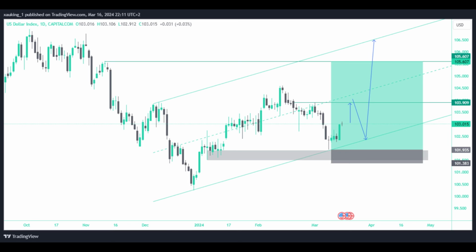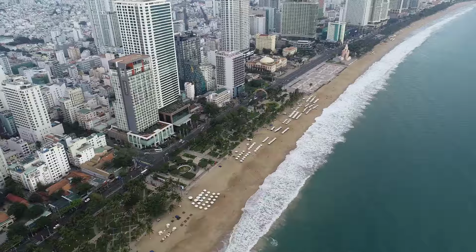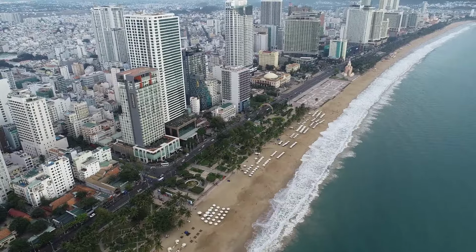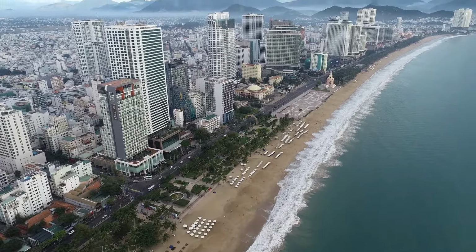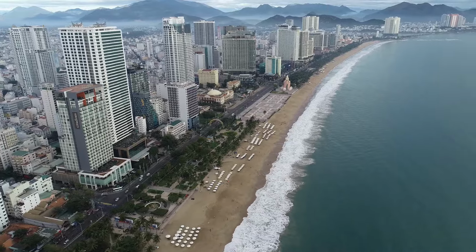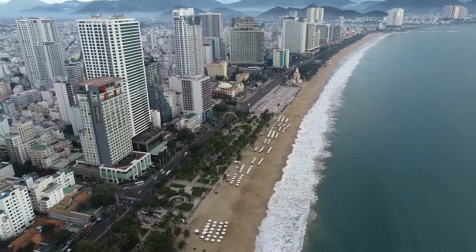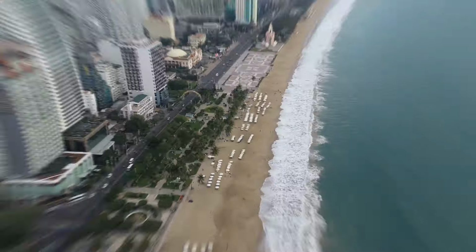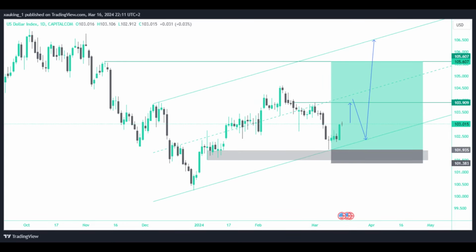Correlation means when two pairs move in the same direction or share the same type of movement. But in this scenario, we have a negative correlation instead of a positive correlation. So gold goes down for as long as DXY keeps rising. Gold weakens for as long as the dollar strengthens.